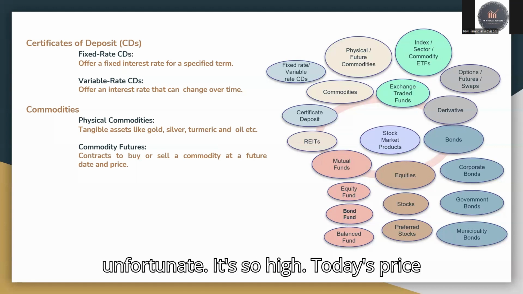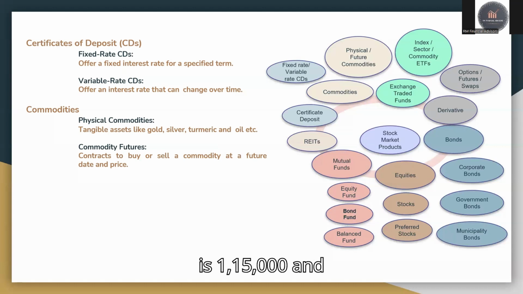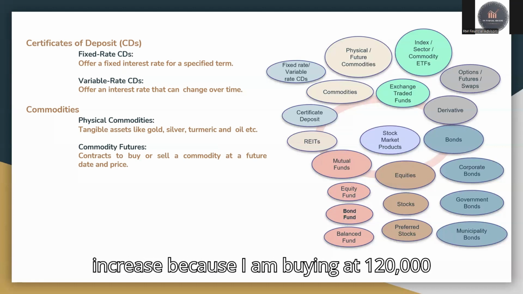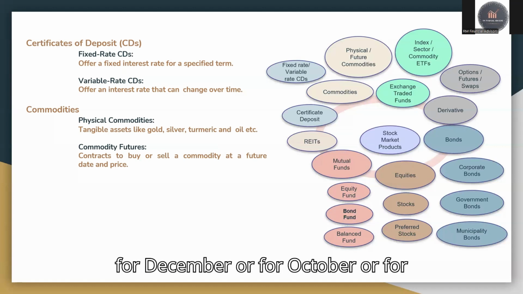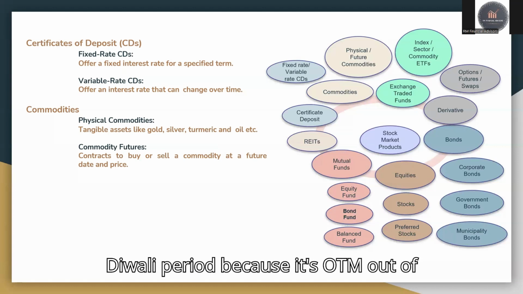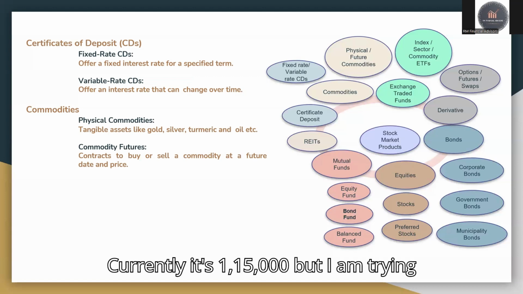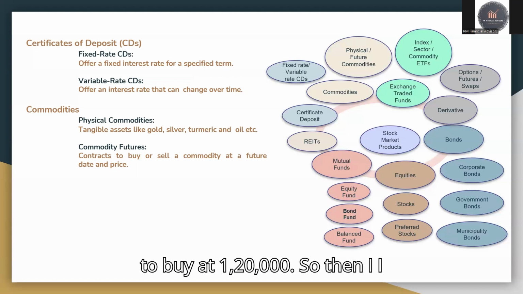That's very unfortunate, it's so high. Today's price is 1,15,000 and I want to buy it at 1,20,000 because I feel that it will increase. I am buying at 1,20,000 for December or for October or for the Diwali period, because it's OTM, out of the money, right? Currently it's 1,15,000, but I am trying to buy at 1,20,000.